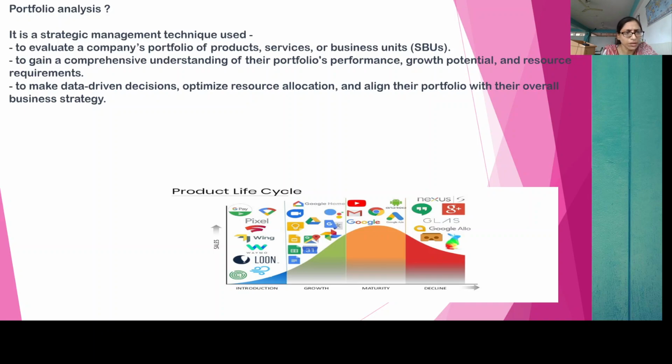So what is portfolio analysis? It is a strategic management technique used to evaluate a company's portfolio of products, their distinct services or divisions, which we basically call SBUs, that is strategic business units, and also to gain a comprehensive understanding of the portfolio performance.